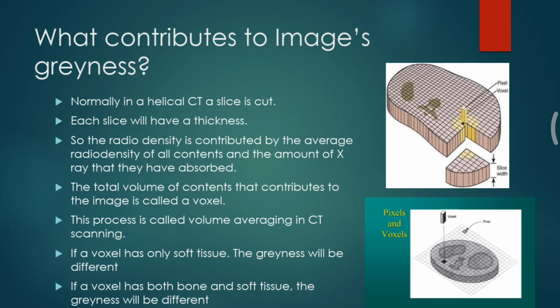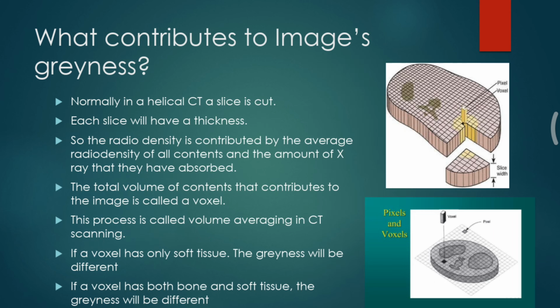Now, what contributes to the image grayness? Normally in a helical CT, a slice is cut and each slice will have a particular thickness. So the radio density we get is contributed by the average radio density of all the contents and the amount of X-ray that they have absorbed in the tissues. On the side you can see a picture.